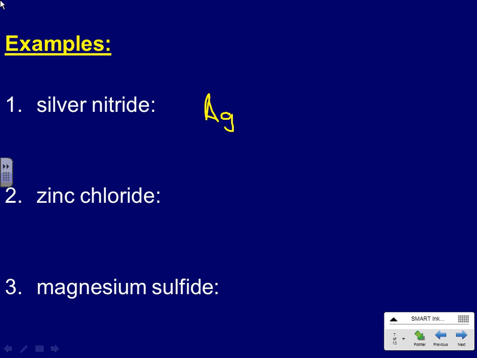What's the charge on a silver ion? Hands up. Yeah, what do you got there, Janessa? +1. And nitride, what's going to be the charge on a nitride? Now, nitrogen has some other options, but I want you to keep your non-metals as just what it is to get it filled. Atlee, -3.